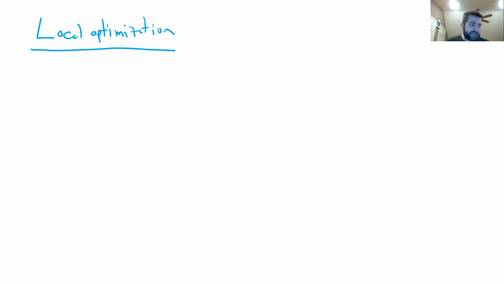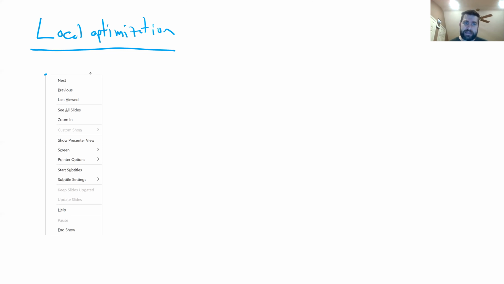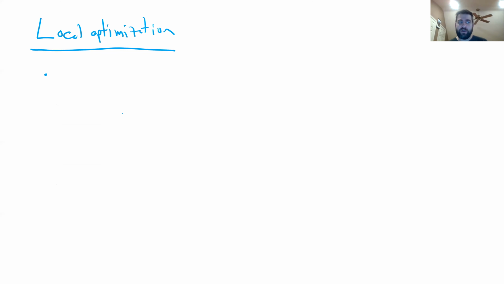So it's worth discussing local optimization. What do we really mean by local optimization? I think it's very important anytime you're thinking about a problem to be clear on phrasing what your problem actually is. What is the problem we're trying to solve? Give a problem statement.